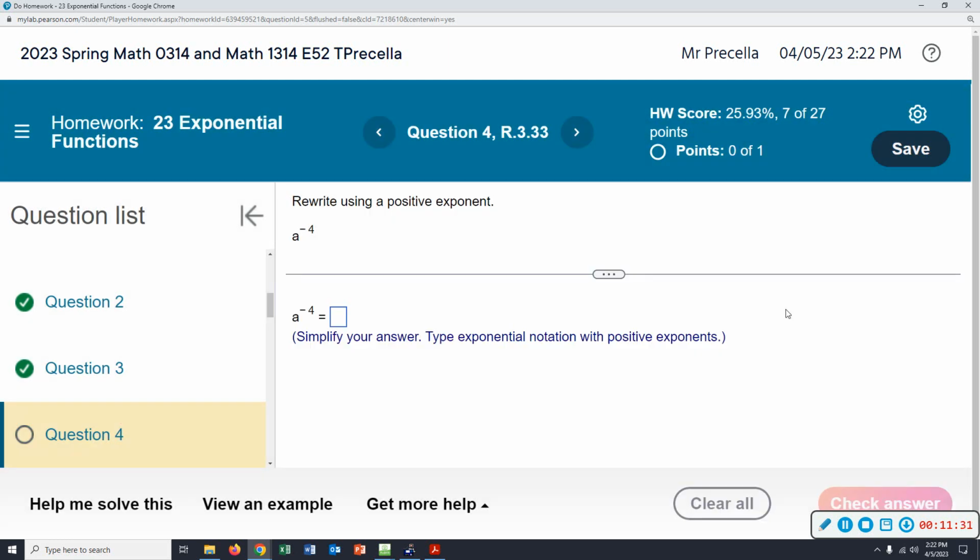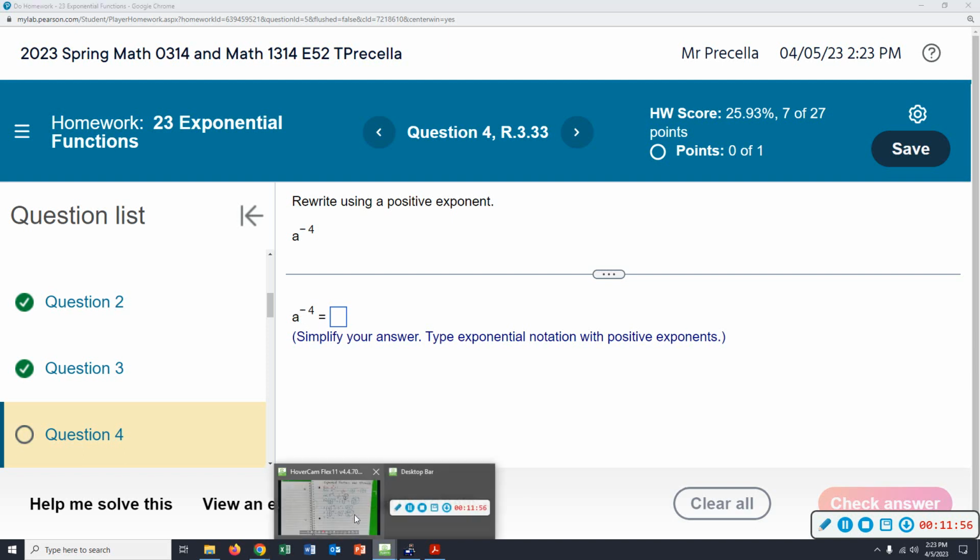Okay, problem number 4. It says rewrite using a positive exponent. We have a to the negative 4 power and we want to write that with a positive exponent. We don't want that negative in front of that 4.